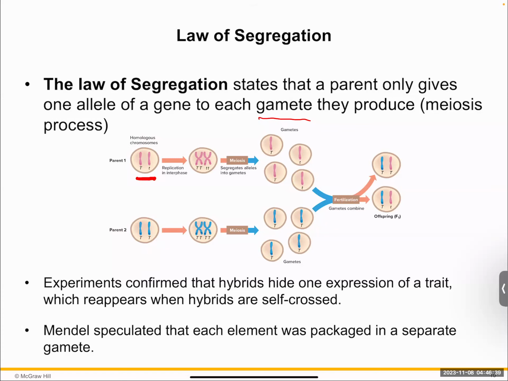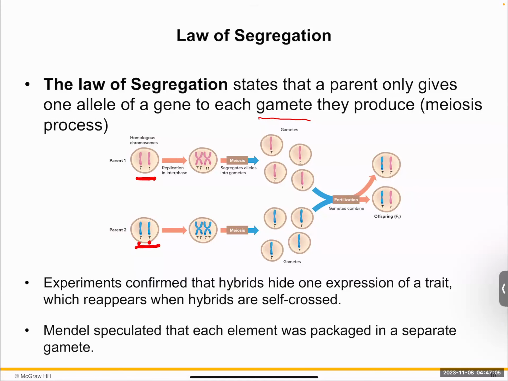For the second parent, you have a homozygous dominant where both are represented with the capital T. Now, as we go through the meiosis, so interphase 1, you double this genetic information, right? So you have now 2 capital T and 2 lowercase t, and then for the second parent or the paternal parent, you have all capital.